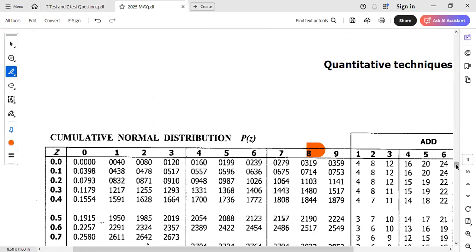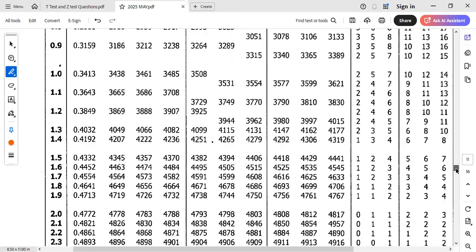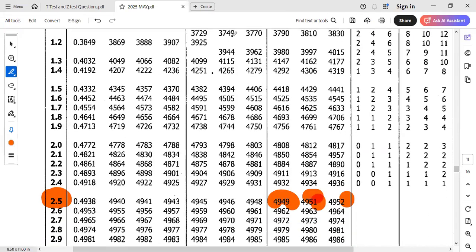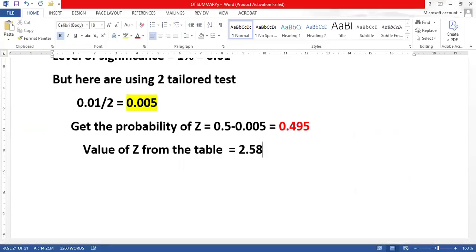Are you seeing that? Column 8. So you write 8 at the end. And that's how we get the value of Z from the table.